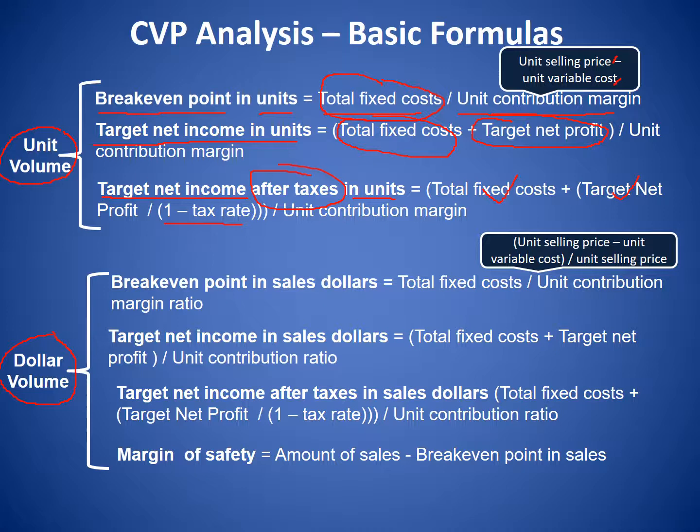When I do that calculation, it'll give me the amount of pre-tax income I'm going to need in order to achieve my target net profit after taxes. And these quantities again are divided by my unit contribution margin like the other two formulas.